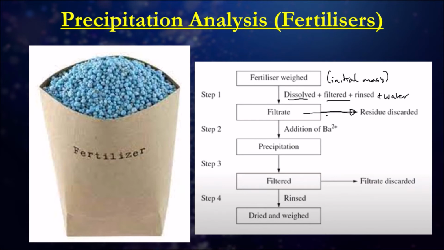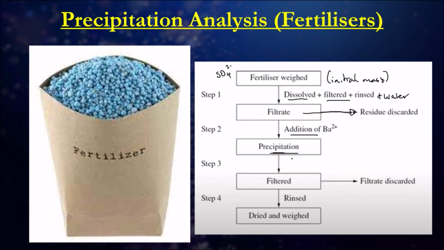Okay, once you've done that, you're going to add the chemical that's going to form a precipitate with your desired chemical. In this case, with fertilizer, we're looking at sulfate. Okay, so whatever precipitates with sulfate, like barium, that will form our precipitate.